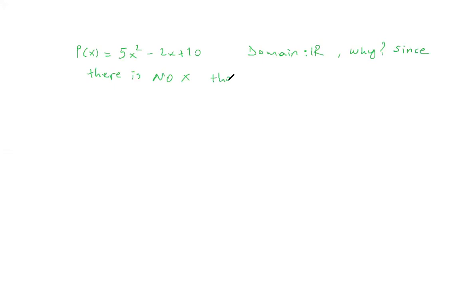When you have any polynomial function p(x), like 5x squared minus 2x plus 10, what is the domain? The domain is all the real numbers. Why? Since there is no x that makes p(x) undefined.